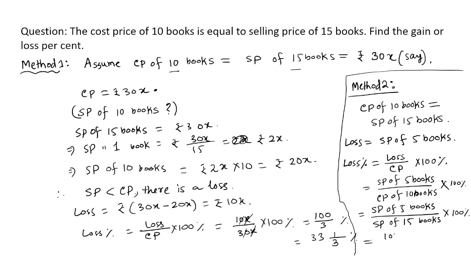So this is 100 by 3%, that is 33 complete 1/3%. This is how we can easily get the loss percent. This is a very easy method, but you have to think a little bit. If you think about the situation, you can easily get that.